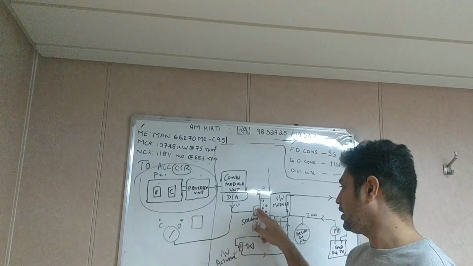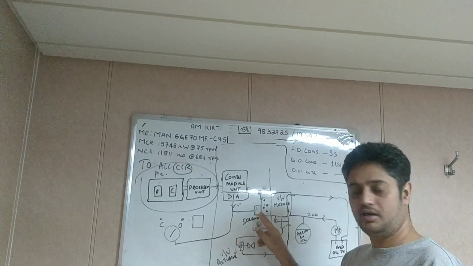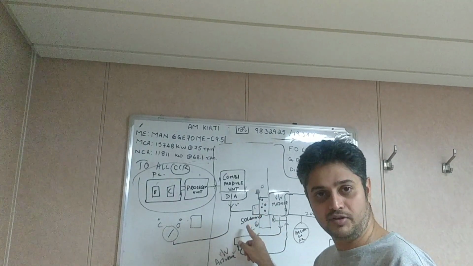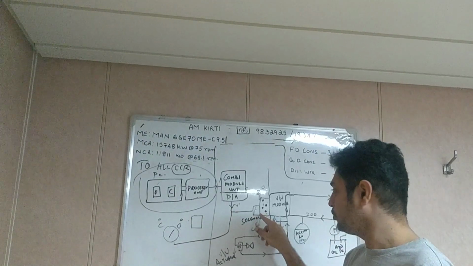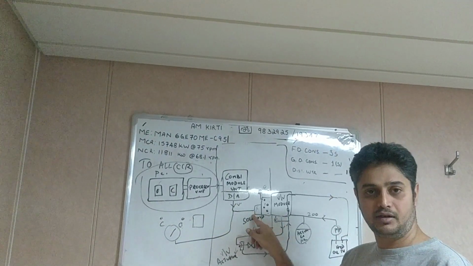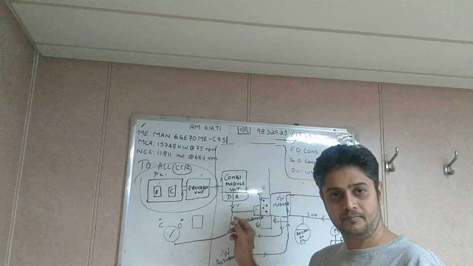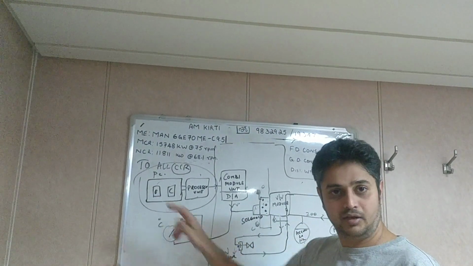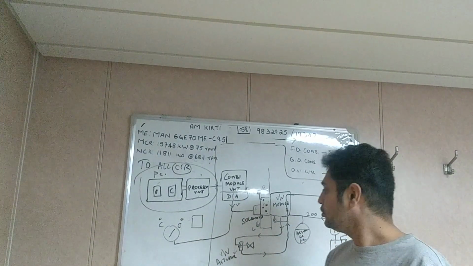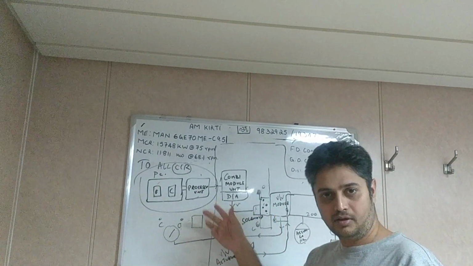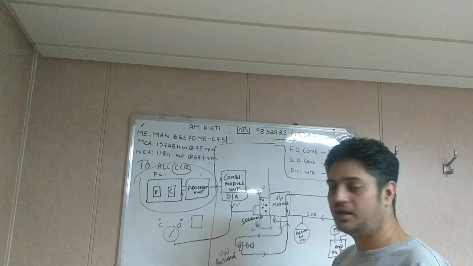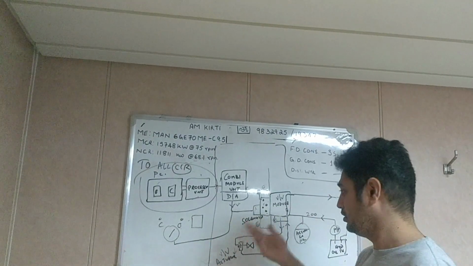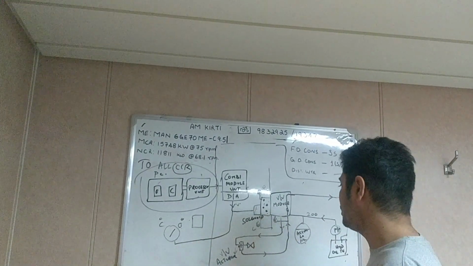If the signal is coming here, you can also check by means of LEDs. If you get the signal here, there will be an LED light blinking. The LED blinks only when you give the command, otherwise the LED light won't blink. So if the light is blinking, it means the command has been received. So the solenoid is getting energized, and of course, you can check with a screwdriver also whether the solenoid is energized or not.